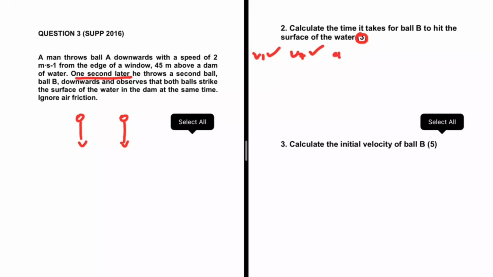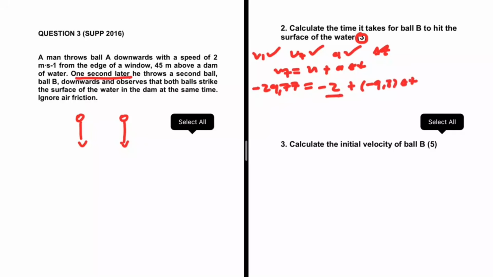We know what the acceleration is. We can go ahead and find the time for ball A. So to find the time for ball A, we're going to have VF equals VI plus A delta T. Ball A strikes the ground with a velocity of minus 29.77, and it was thrown with an initial velocity of minus 2 plus the acceleration, minus 9.8, multiplied by the time.